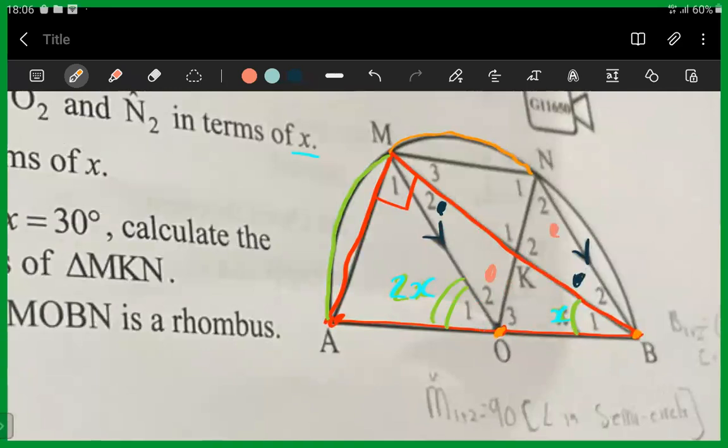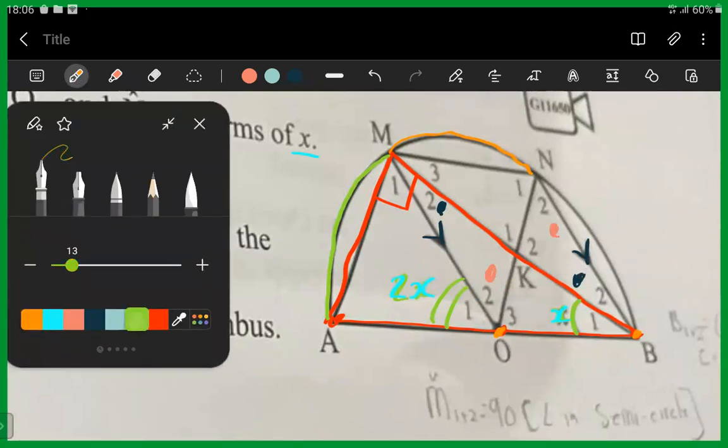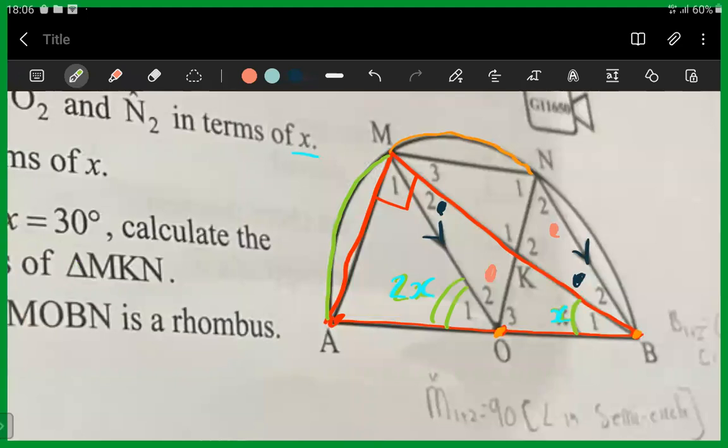The whole of B. So now we know that the whole of B is equal to 2x. But then one part of B is equal to x. So if one part of B is equal to x and the whole thing is equal to 2x, we already know what the other side is.